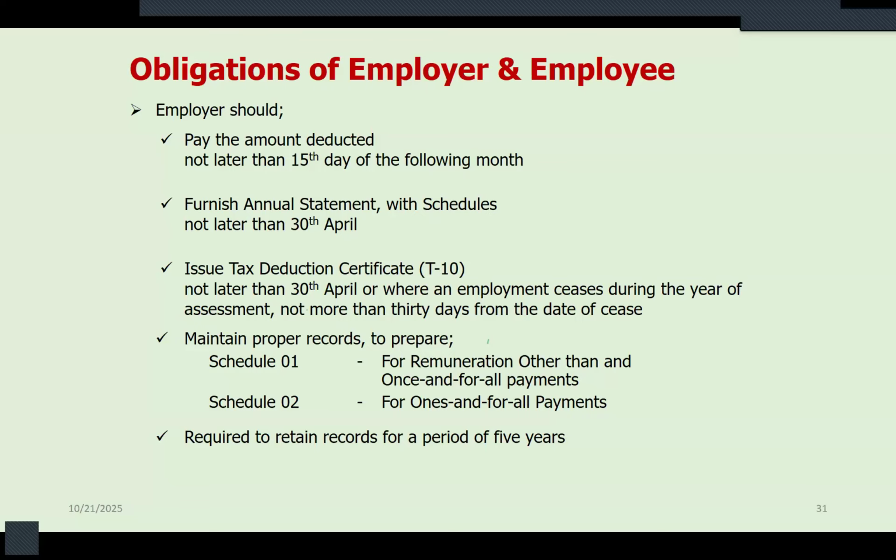That means he may have some business income, interest income, like that, not only the employment income. At that time there may be several other income sources. So using all those income sources, that employee should calculate his tax liability. And after that, using these schedules, credit can be given automatically to that employee.